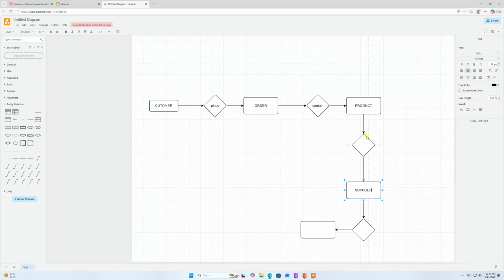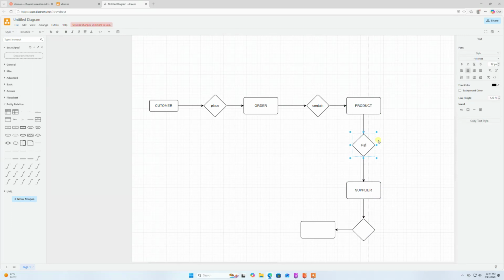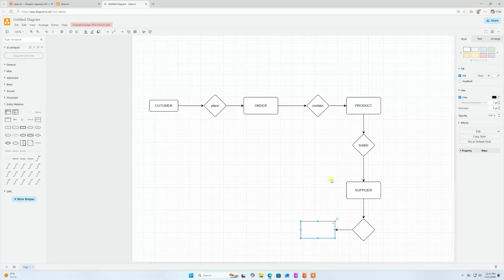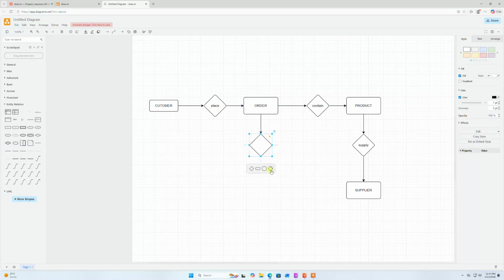Here products are supplied, so I will add the relationship supply. Okay, and this entity is not correct at this place, because each order is processed by an employee of an organization, because this was in our scenario.